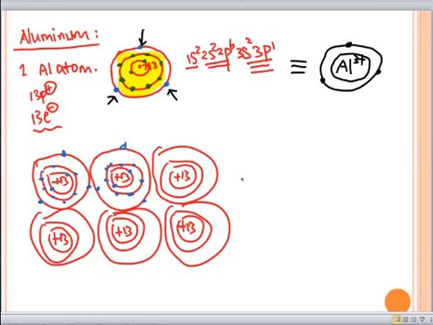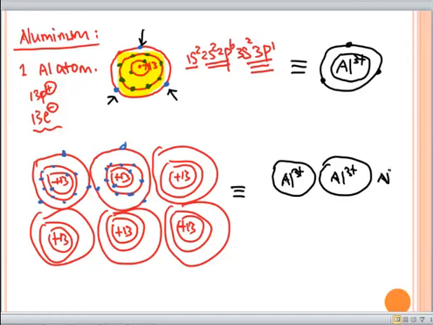So we have Al3 plus ions, each surrounded by the valence shell of 3 electrons. This is the basic kind of arrangement for metals, which are composed of metallic atoms.